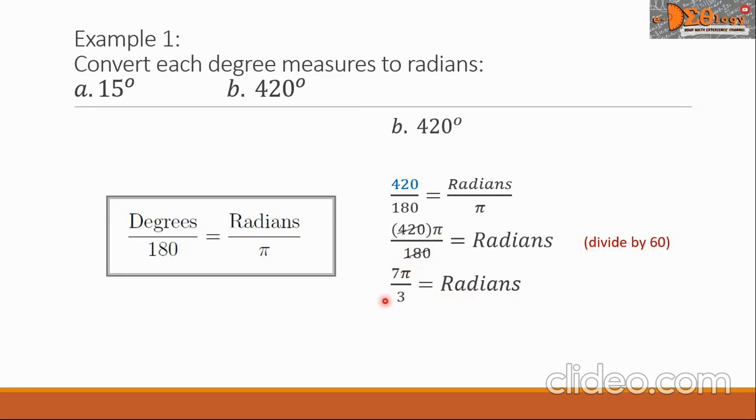So we have now this value 7 pi over 3. That is our answer. We can just simply interchange the right hand side with the left hand side member. So we have radians equals 7 pi over 3. It means our 420 degrees equals 7 pi over 3 in radians. This is our final answer.